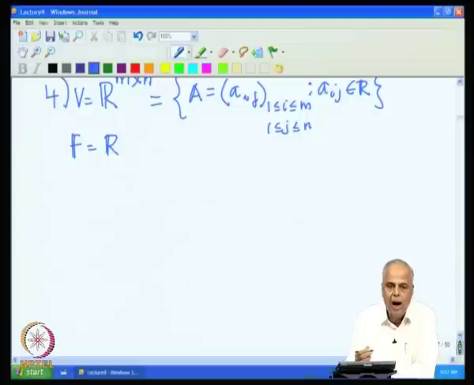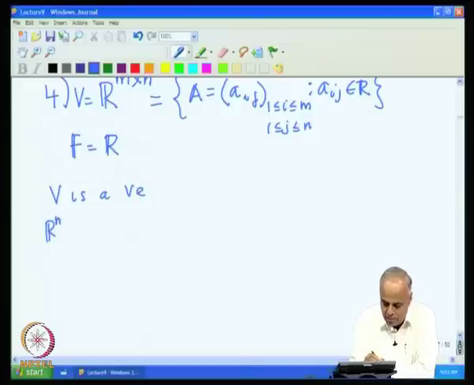Now, we know how to add matrices, again entry wise addition. We know how to multiply a matrix by a scalar. Every entry in the matrix is multiplied by the scalar. We will call this the usual laws of addition and scalar multiplication. V is a vector space. What is V?